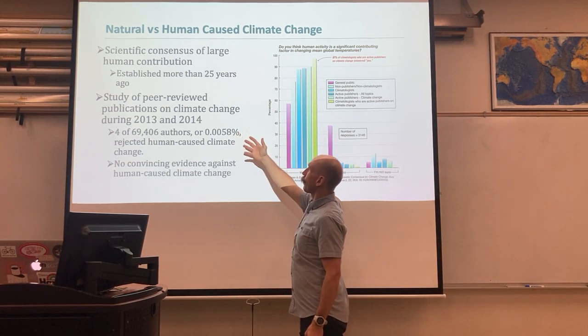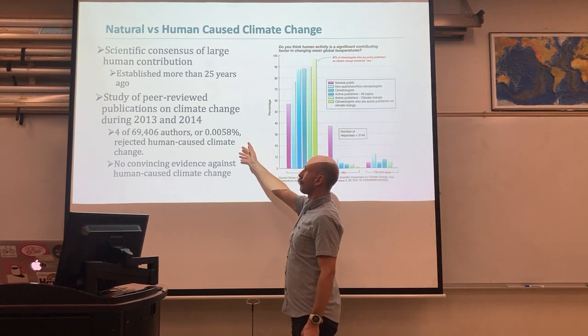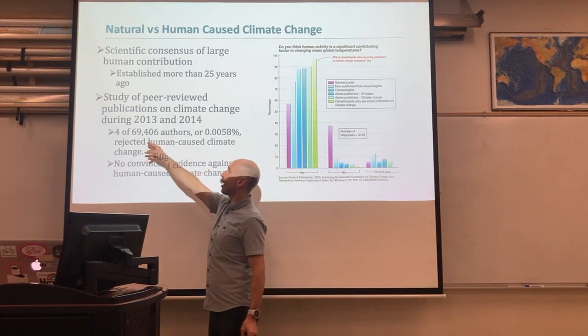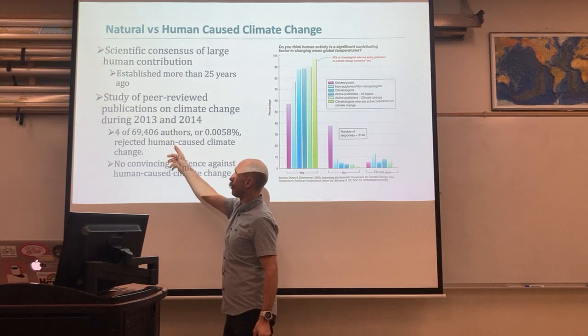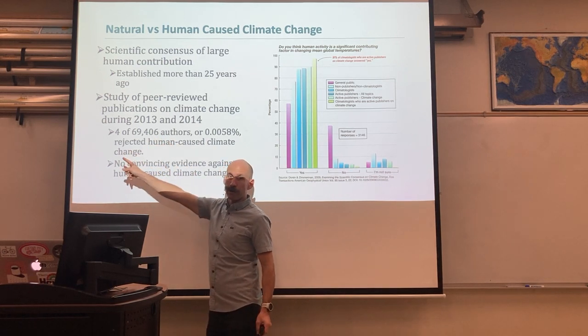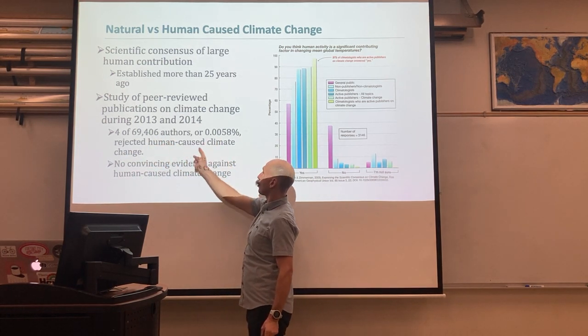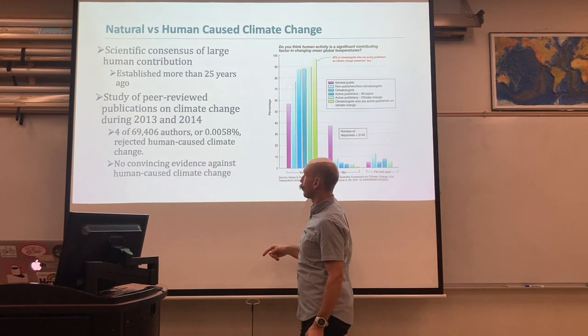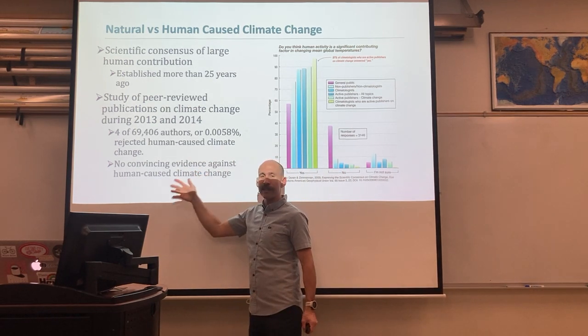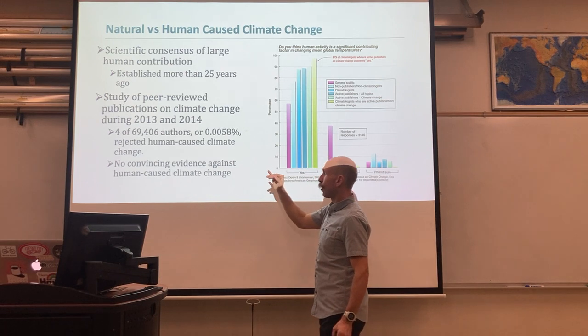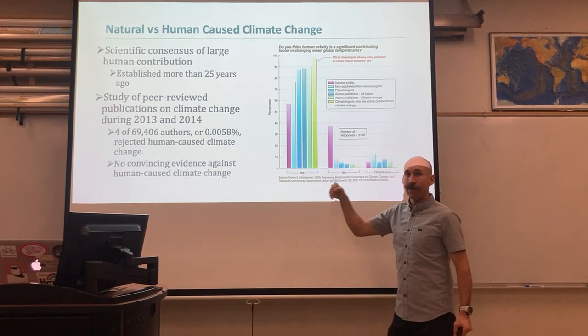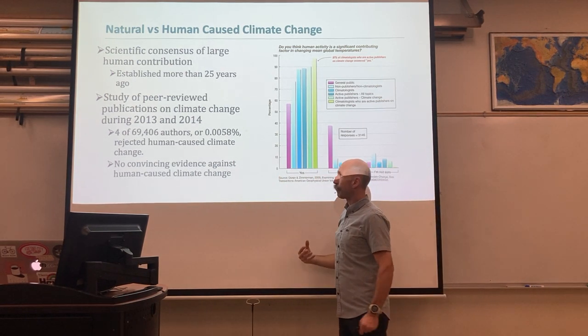A study of peer-reviewed publications on climate change looked at 69,406 authors. And 4 of those rejected human-caused climate change because there's no convincing evidence against human-caused climate change. There's a multitude of data.